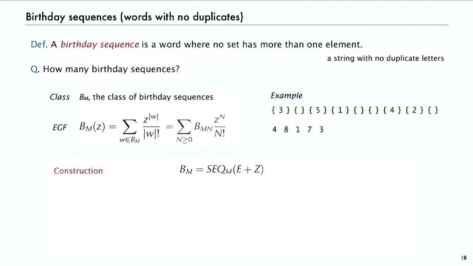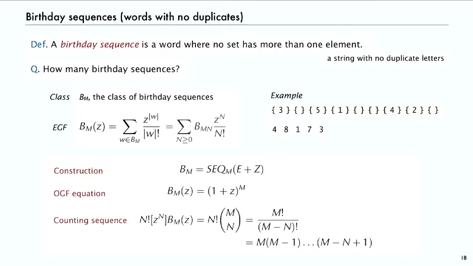That's the direct construction for birthday sequences. With the symbolic method, that translates immediately to the generating function: e goes to 1, z goes to z, and a sequence of m of them just raises that to the mth power. So the EGF for birthday sequences is (1 + z)^m.